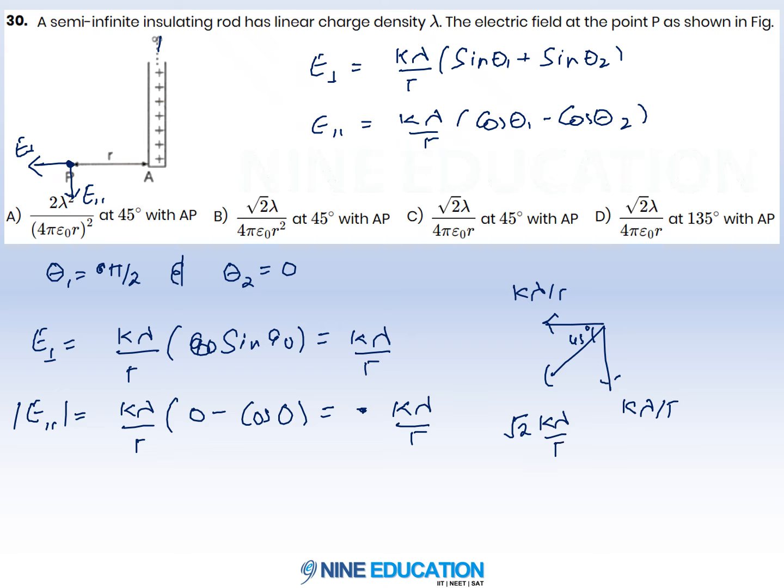Put the value of k, the electrostatic constant, then the electric field becomes root 2 lambda upon 4 pi epsilon naught r. So which option is correct? This option is correct, because this is making a 45 degree angle with the AP.